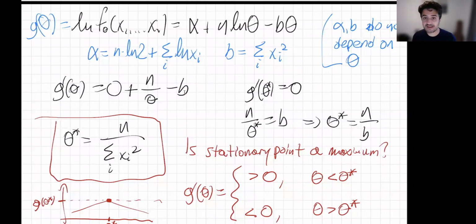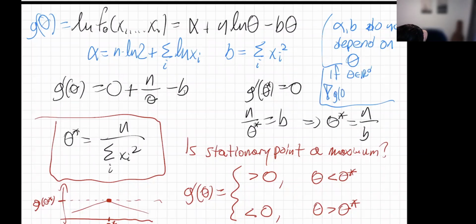Now, when theta is more than one number, it's a vector. We typically will represent it as a vector. If theta is a vector in R to the D, let's say, then we set the gradient of G with respect to theta to 0.